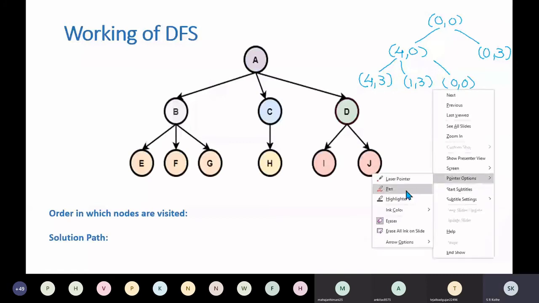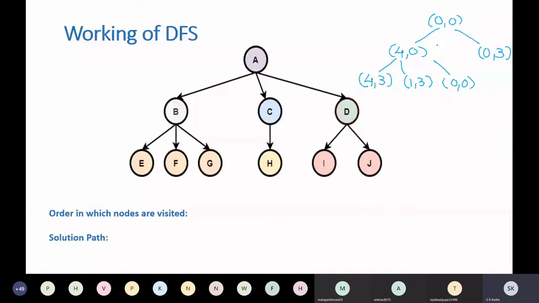From 4 0, again you are connecting that to 0 0. That means there is a cycle. There might be a case after some state, for example the 1 3 state, you may again connect that to 0 0 as the next state. So you will find that will generate a graph. So if it's a graph, in that particular case you will have to modify your algorithm a little bit. So take that as homework.